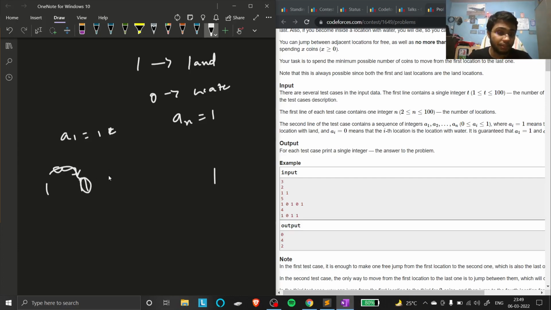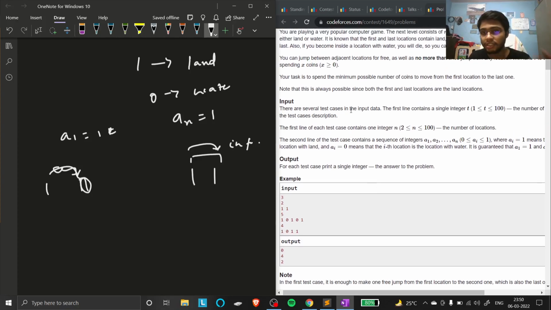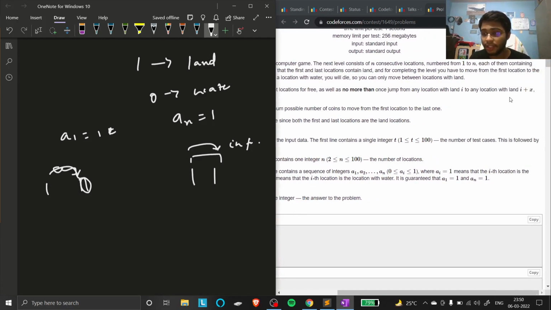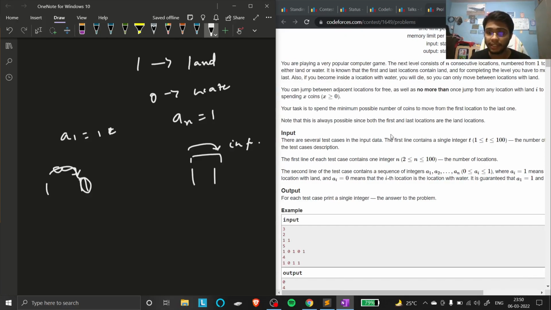Another one is that if two lands are adjacent, you can jump from this point to this point for free. Otherwise, this is very important, which I missed out: no more than once jump from any location i to location i plus x, spending x coins.